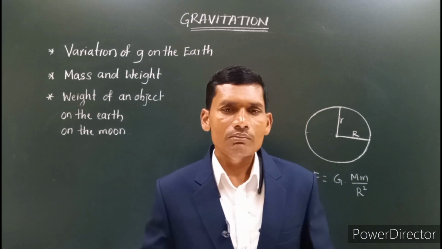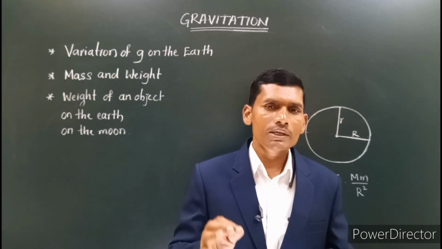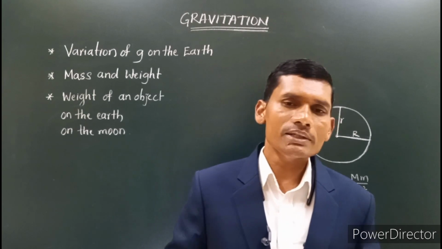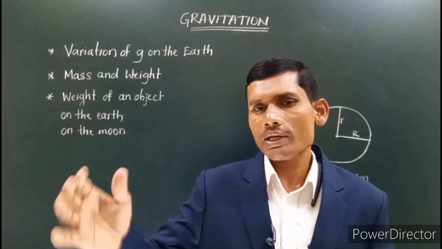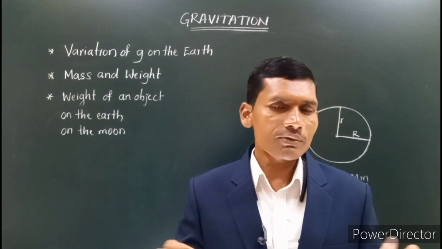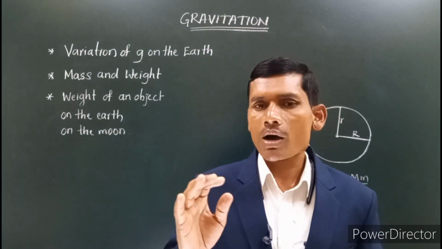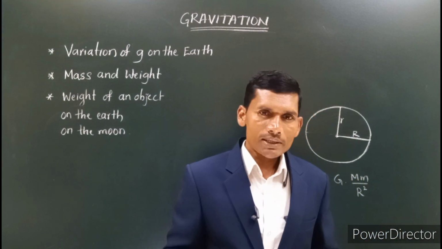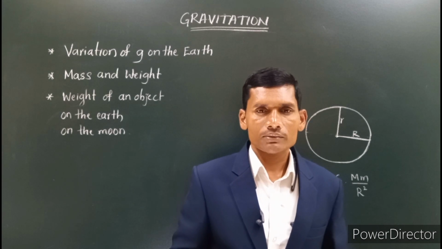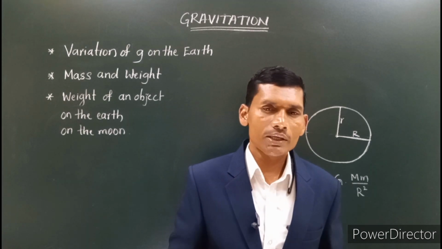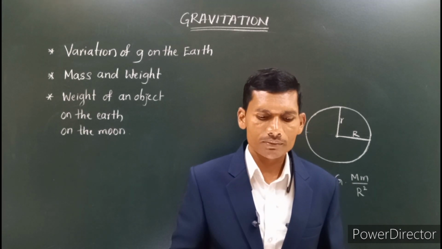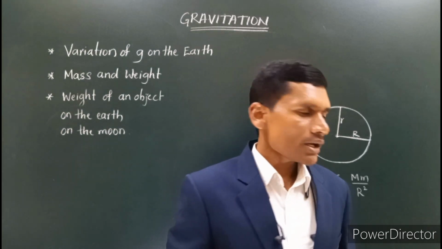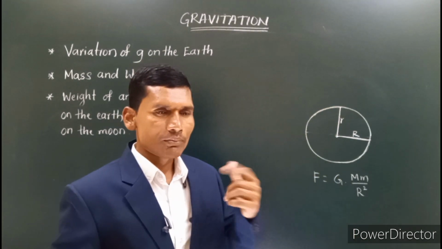Mass is the measure of inertia. As the mass increases, inertia of the body also increases. Inertia of the body entirely depends on the mass of the object, right? Greater the mass, greater the inertia. Lower the mass, lower the inertia. This we already studied. Now mass is nothing but the quantity of matter.